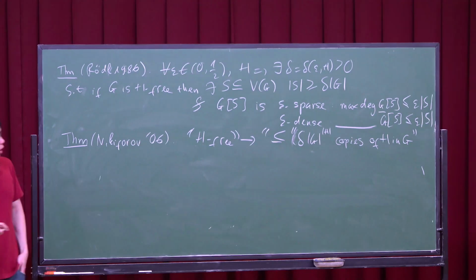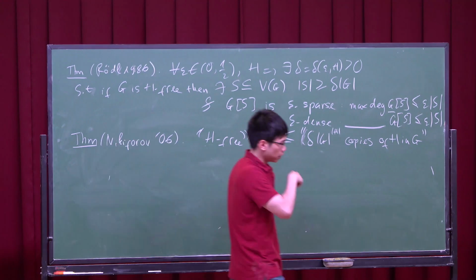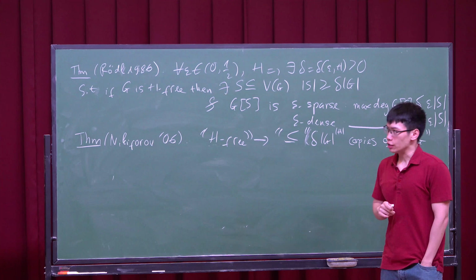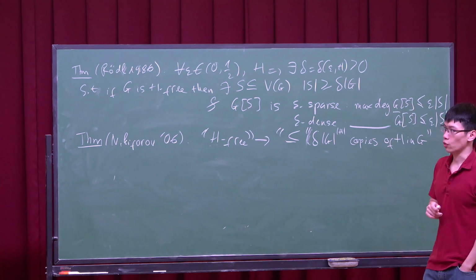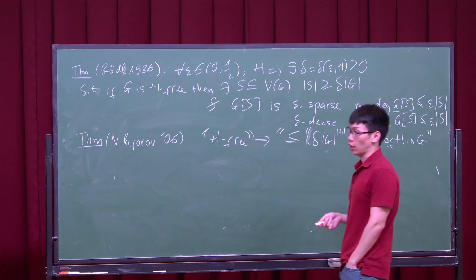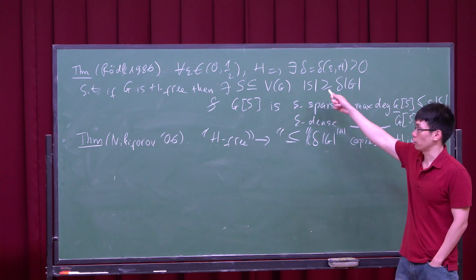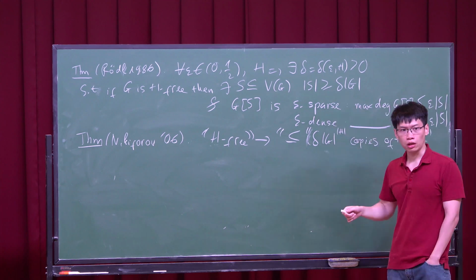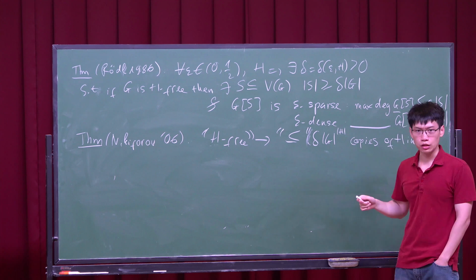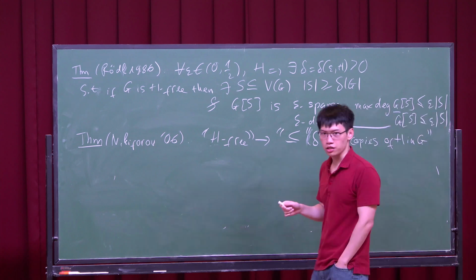All right. The next point here is, of course, if you know about the regularity lemma, then you see that the dependence of delta on epsilon and H is really bad, in the sense that it is tower type.